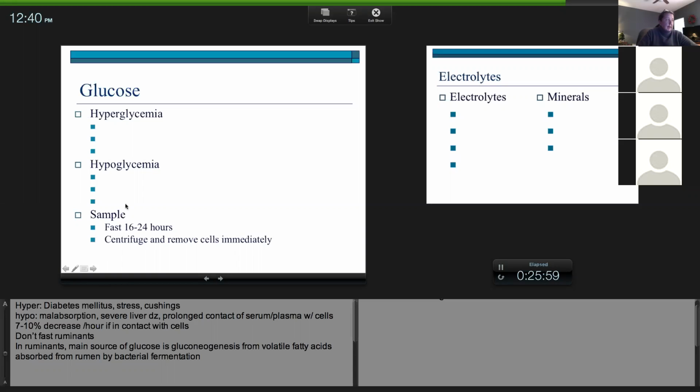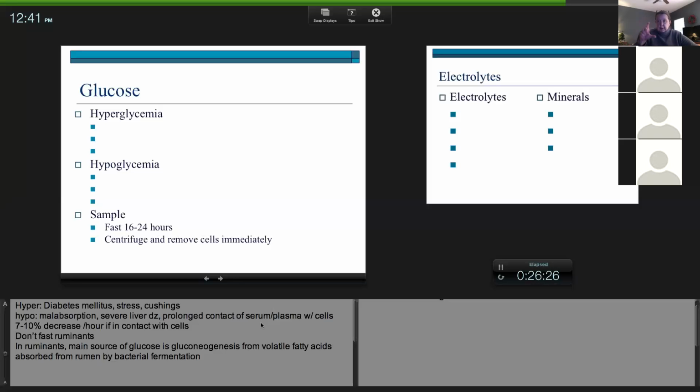Now, hypoglycemia, when we don't have enough, then we tend to have animals with malabsorption, which means maybe they're eating, but they're not absorbing from their diet. So there's a lack of absorption there. Liver disease can cause that. But the other thing is this note here, prolonged contact with the serum and the cells.